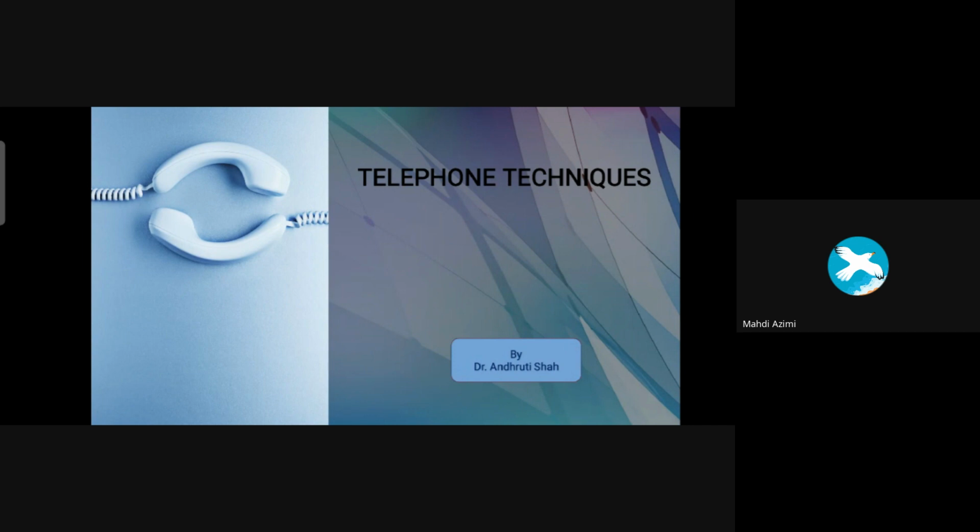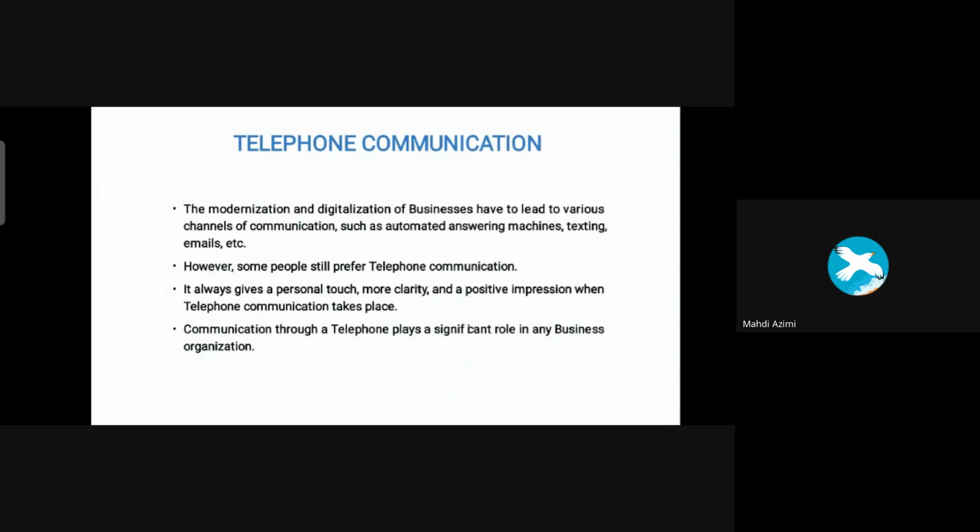Here we are talking about telephonic techniques. Communication takes place as we talk about technology, with the commencement of the modern era. We have seen modernization and digitalization, where there are so many business deals and so much communication which happens through the telephone.